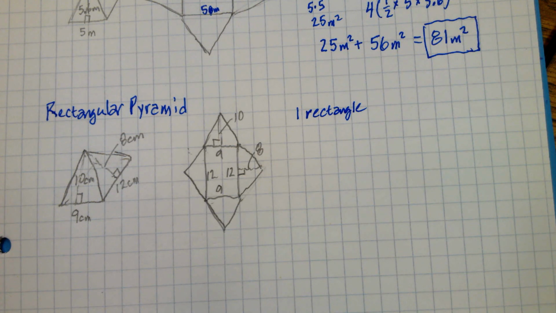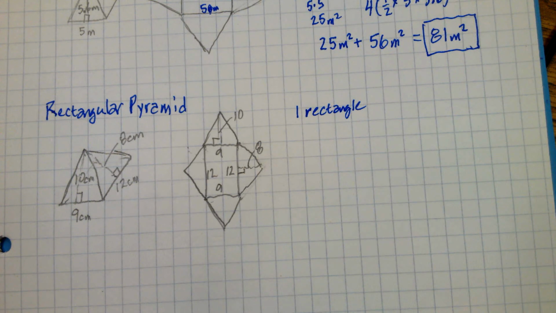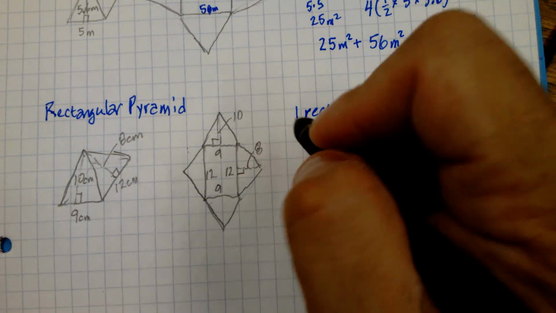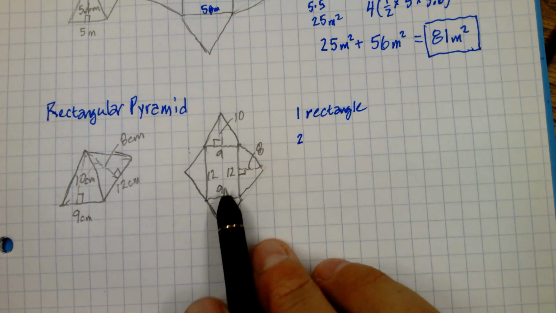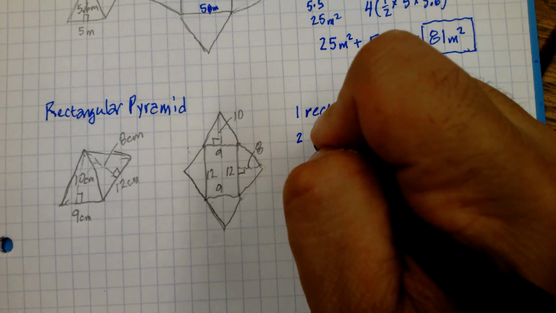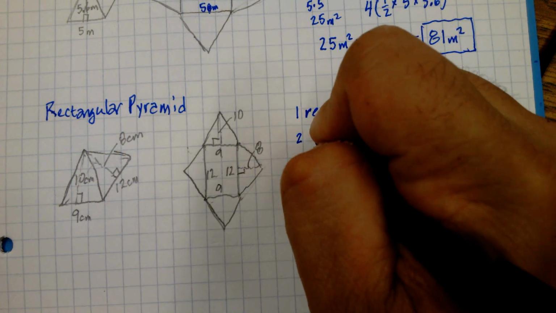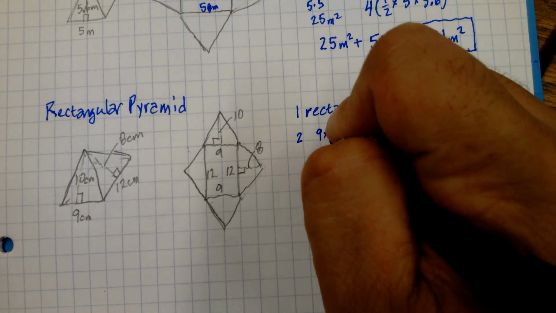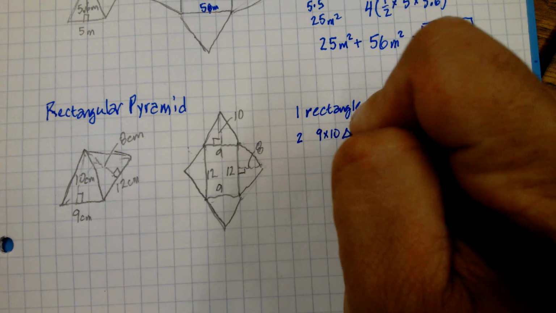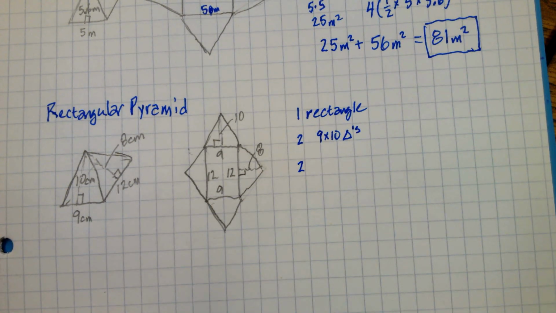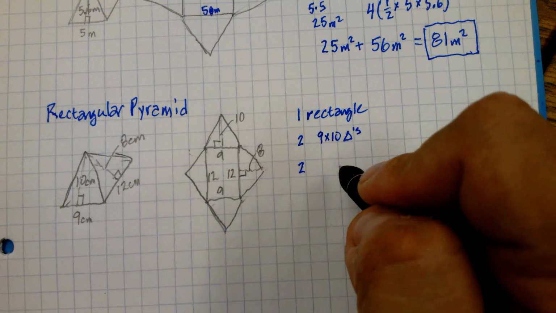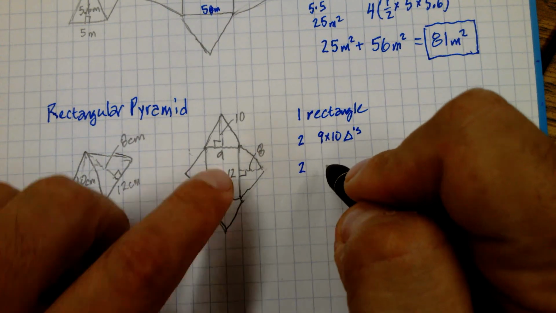But what's the thing about the triangles? Are they all congruent? No, we have two that are congruent and another two that are congruent. So we have two that are 9 by 10. And two that are what? What's the other dimensions? 12 by 8.